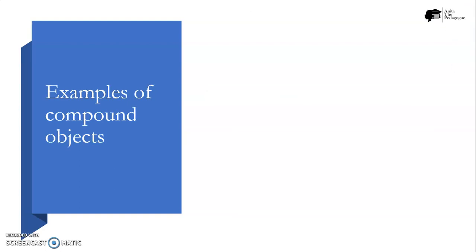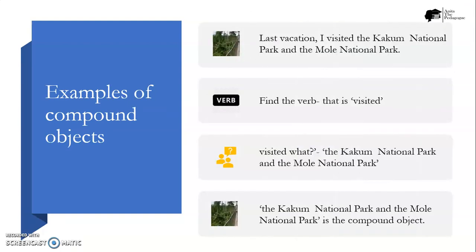Let's take a look at some examples of compound objects. Example 1. Last vacation, I visited the Kakum National Park and the Molly National Park. Let's find the verb here, that is visited. Now let's ask, visited what? The Kakum National Park, that is one object, and the Molly National Park, the second one.